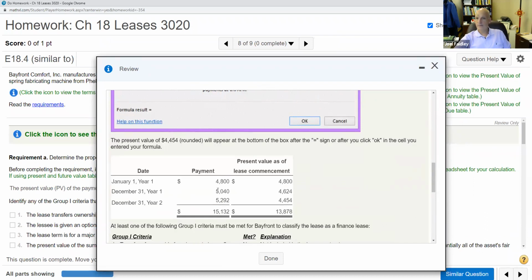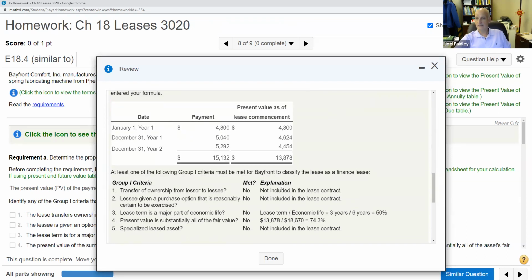So there's my 3 payments: 4,800, 5,040, and 5,292. So I've got $15,132 that I'm going to have to pay over those 2 years. Again, the first is paid up front. There is no time value calculation for the 4,800 because it's due upon receipt of the equipment. But there's the present value, right? That's what we just calculated using Excel, $13,878.